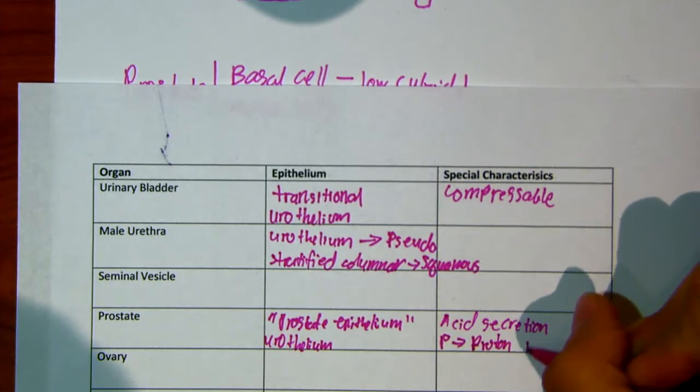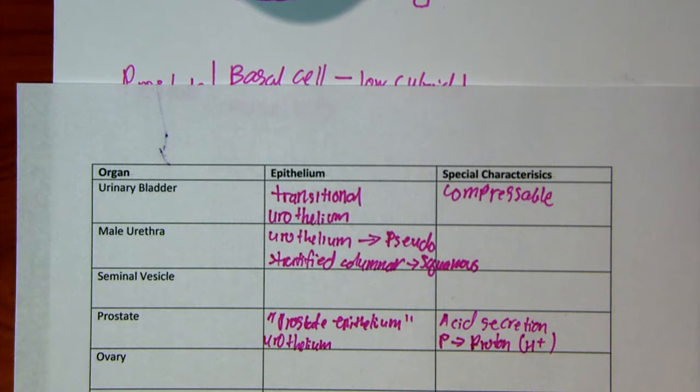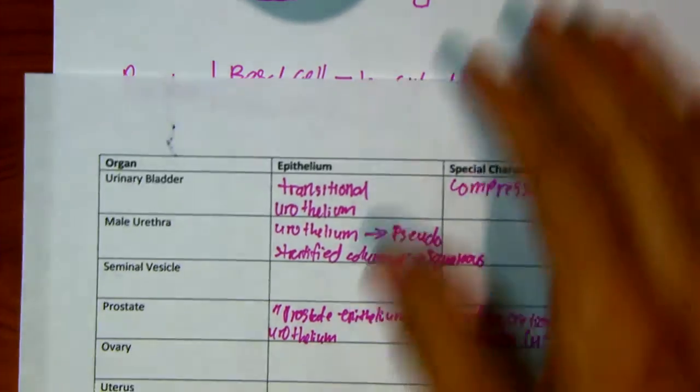If you guys remember from chemistry, acidic solutions have a high concentration of dissociated protons, which are just hydrogen ions. So P, proton for prostate. Prostate has acidic secretions. All right, excellent.